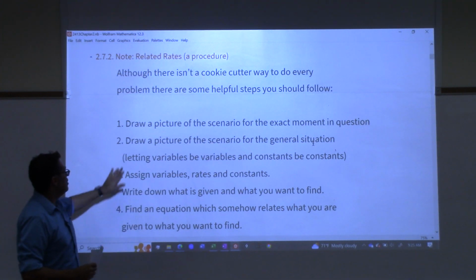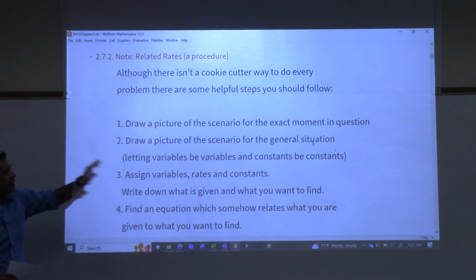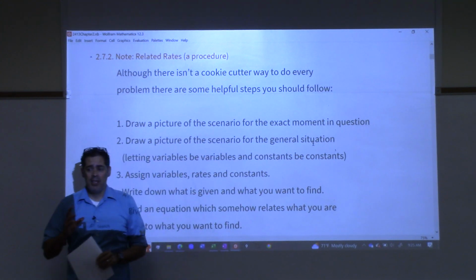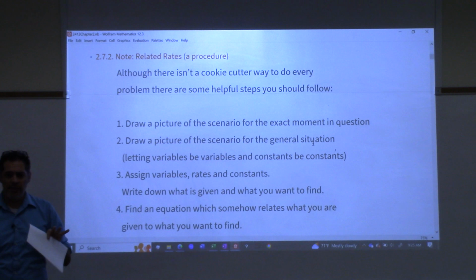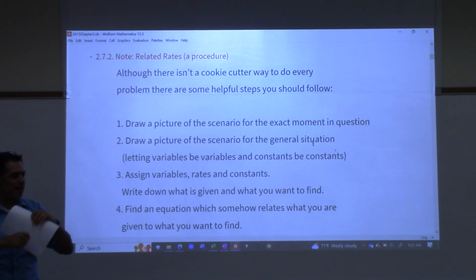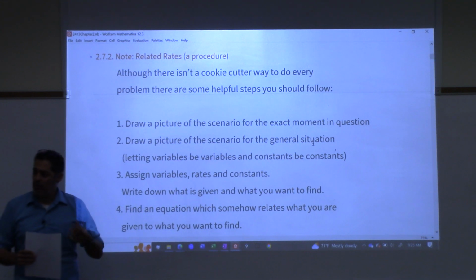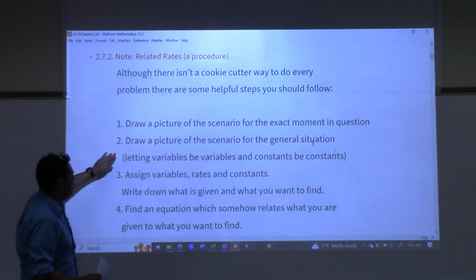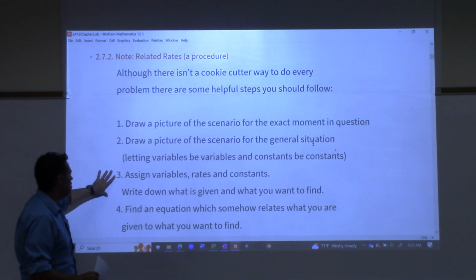And then it says we're going to draw a picture of the general scenario. So that's the second box here. And that is a drawing where nothing is fixed. There's no snapshot. We have to imagine that everything is still in motion. So anything that's changing, we have to represent with a variable. You'll see, all right? We draw it, we let variables be variables, and we let constants be constants.